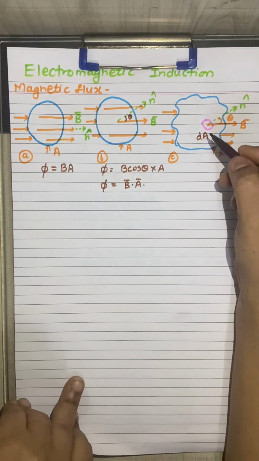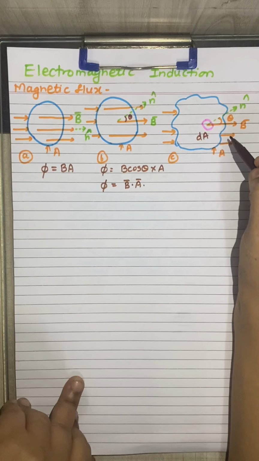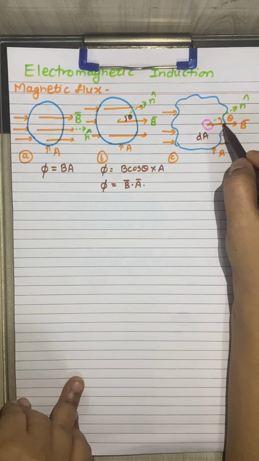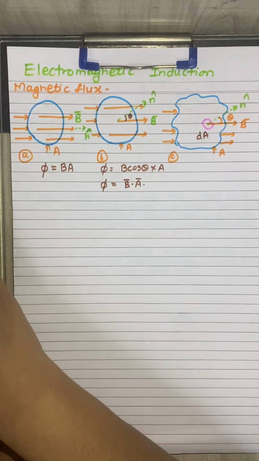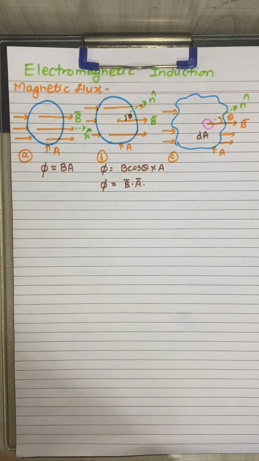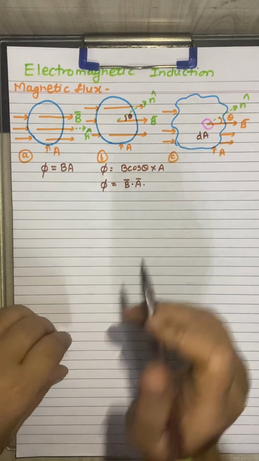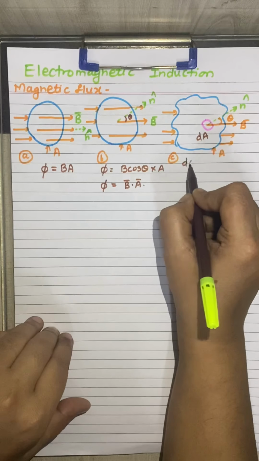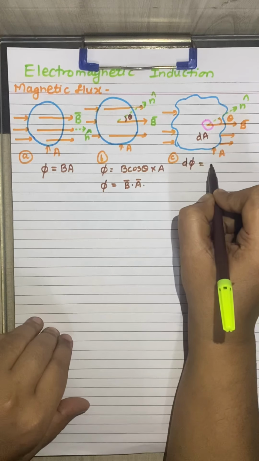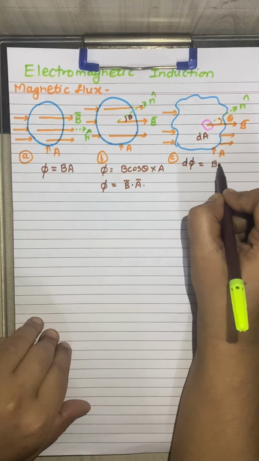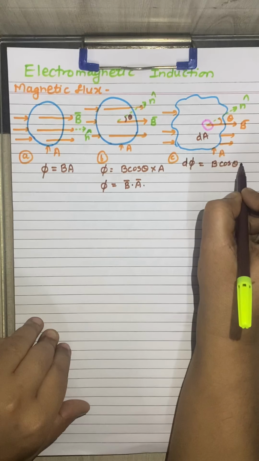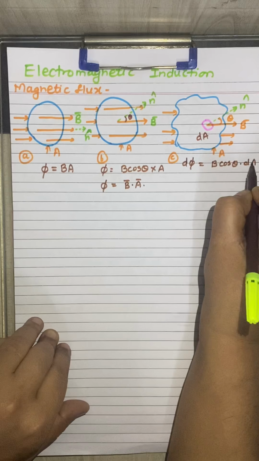If theta is the angle between B and the normal to the surface, then the component normal to dA is B cos theta. We have studied that. Now this is considered as d phi. So d phi is equal to B cos theta into dA.